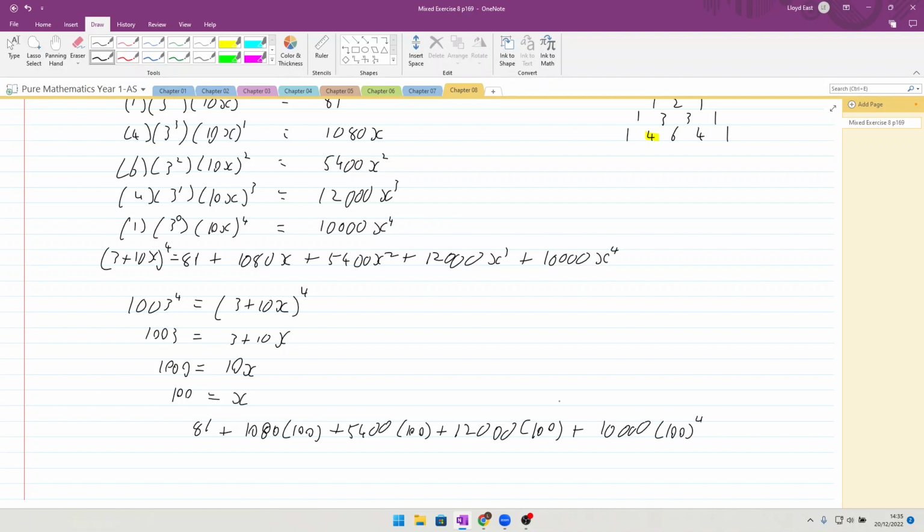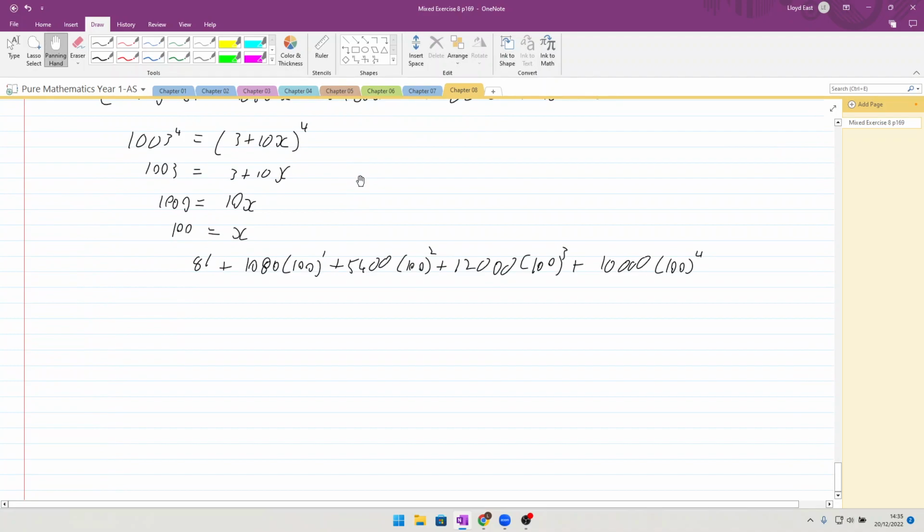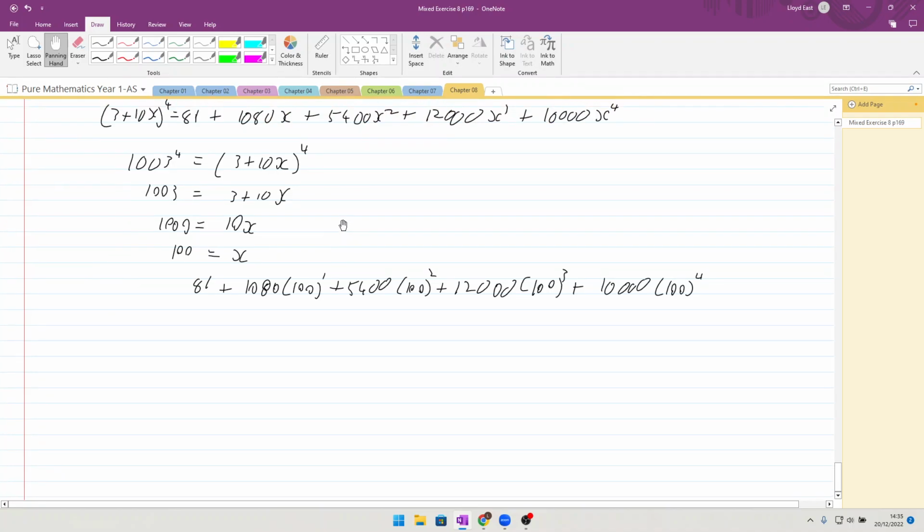When I've been saying 100, I mean 100 squared, 100 cubed, etc. And then quickly putting it all into the calculator.